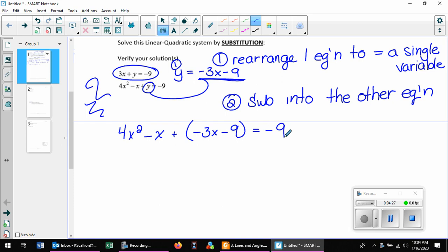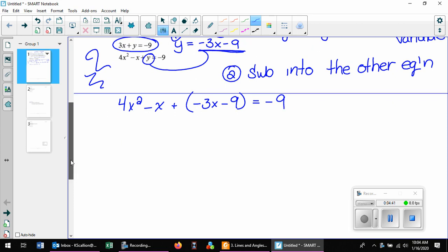And the reason why I like to put in brackets is because if this was a subtract, then in my next statement I would change the sign. Does that make sense? I do it as 2 different steps. I know some of you will be able to do it all as one step, but sometimes slowing down isn't a bad thing. So I'm going to have 4x squared minus x minus 3x minus 9 equals a negative 9.